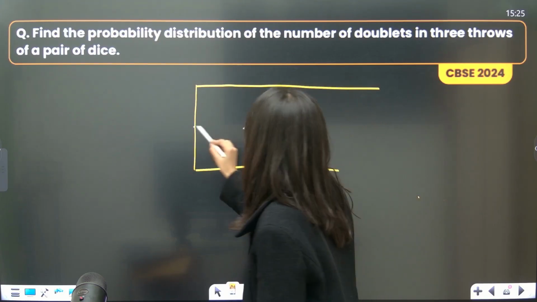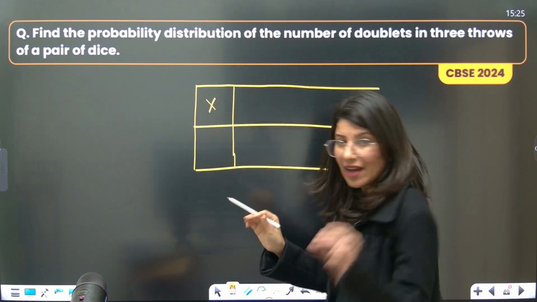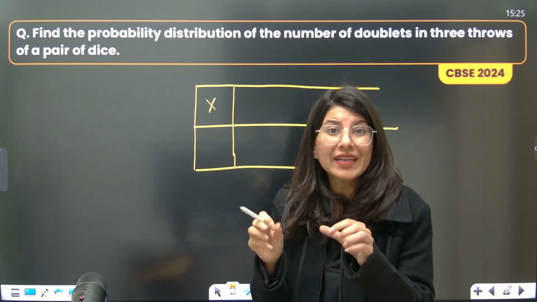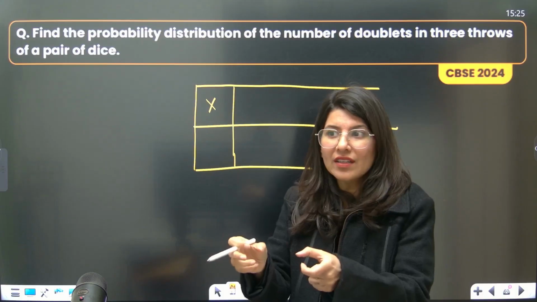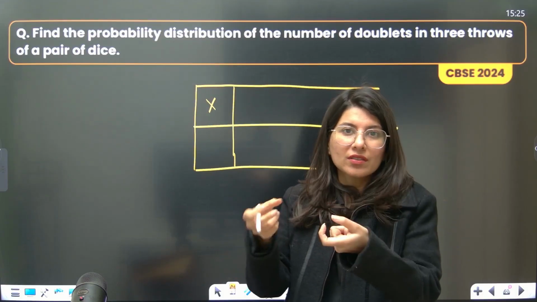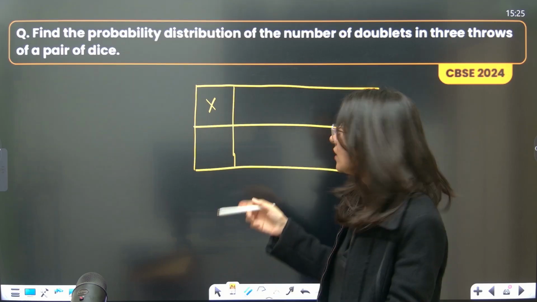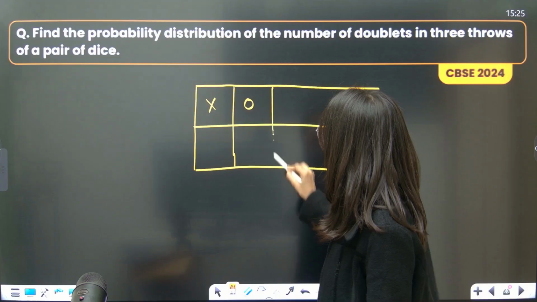So X is the random variable which will count the number of doublets. So you have 2 dice, you are throwing them 3 times. Understand? Throw 1 can get you no doublets because both the numbers are different. Second throw also, third throw also. So X can be 0.